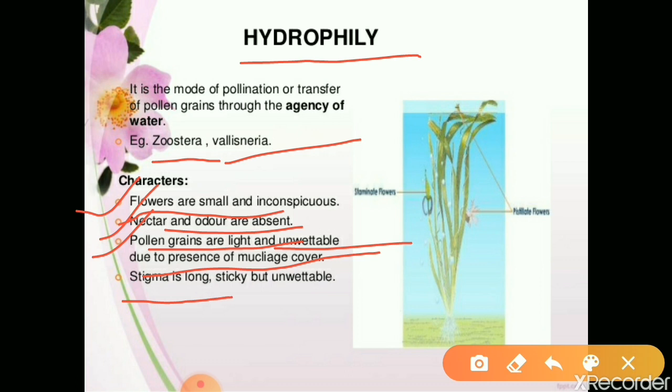Stigma is long in nature and sticky also, so it can stick with the pollen grain very easily, but unwettable. Already I told, the stigma will not absorb water because of that mucilaginous cover. So these are the natures of stigma. Is it clear?